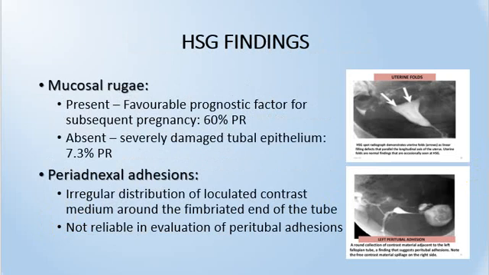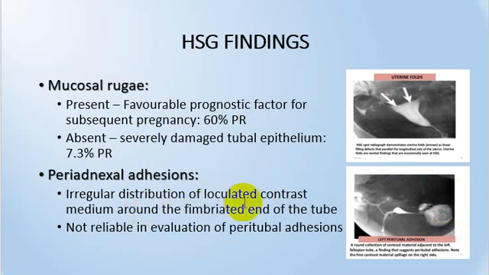Some of the HSG findings we'll be seeing over here. One is the mucosal rugae. If they are present, like in the arrows which I was showing, they are a favorable prognostic factor for subsequent pregnancy. If they are absent, it means severely damaged tubal epithelium. Then the periadnexal adhesions can also be delineated with HSG, as seen over here.